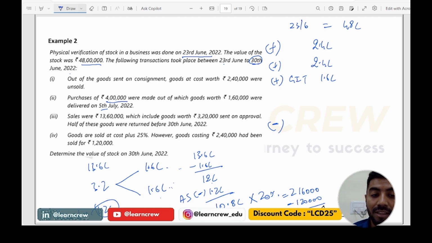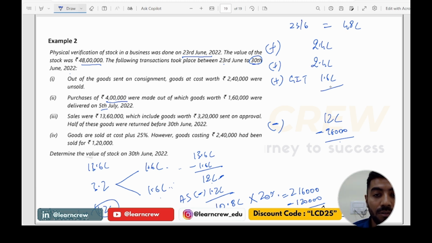Now the actual sales we have is 12 lakh, the actual total sales including abnormal everything. 12 lakhs minus the margin, that is 96,000. We have taken all items into consideration.